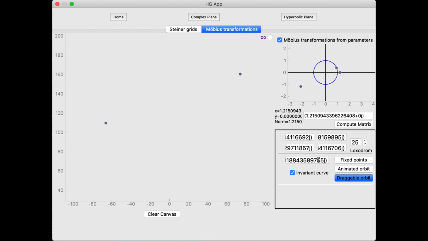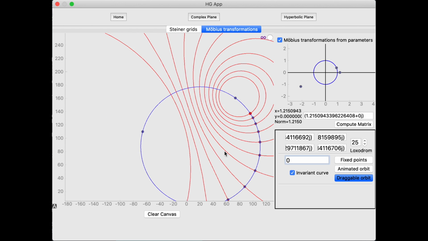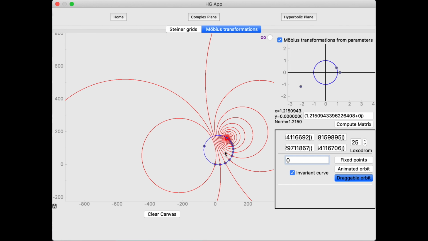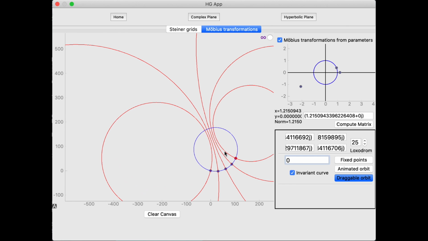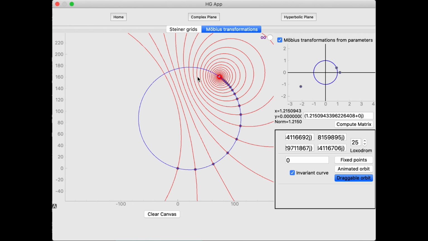And then let's take again the point 0, and let's see how it looks. So you see, it looks like again the orbit of 0 over the integral powers of this Möbius transformation lies on this circle, which would be telling me that this circle is an invariant curve for this Möbius transformation, right?